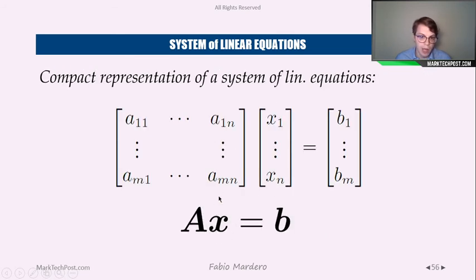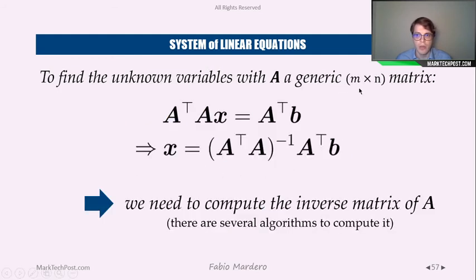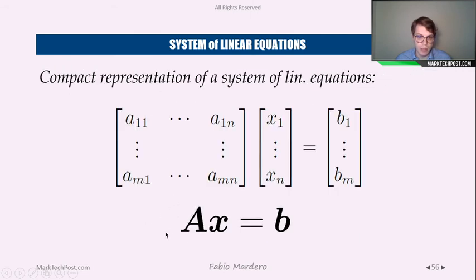So somehow we have to simplify this A term, which now is a matrix. And to do so, remember, in a generic scenario, we have A as an m times n matrix. We would like to take the inverse matrix, so if we multiply this by an inverse matrix, this will give a 1, and we have x equals to something.